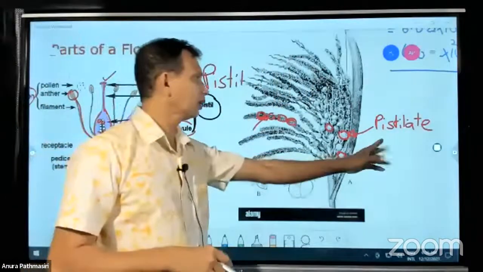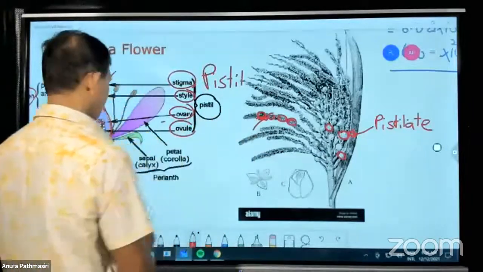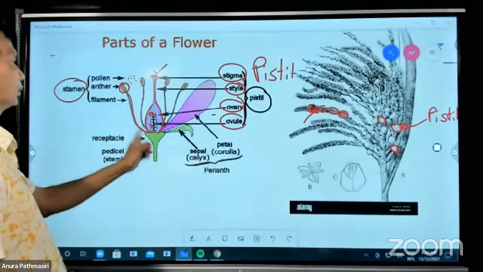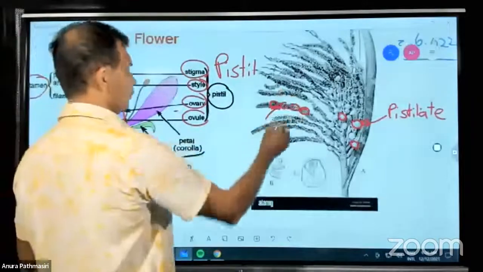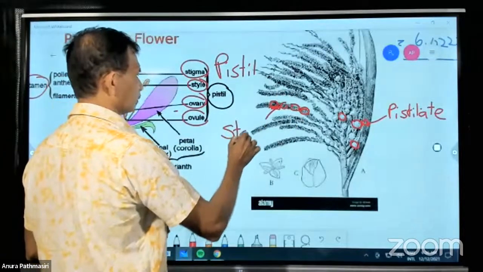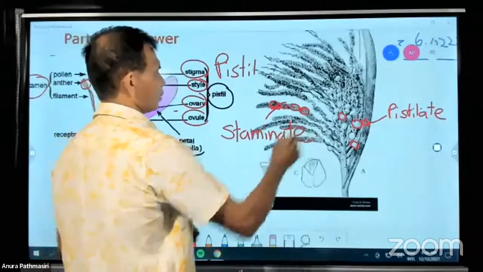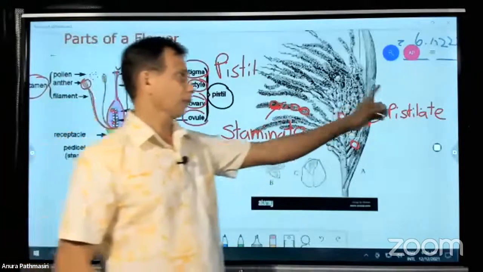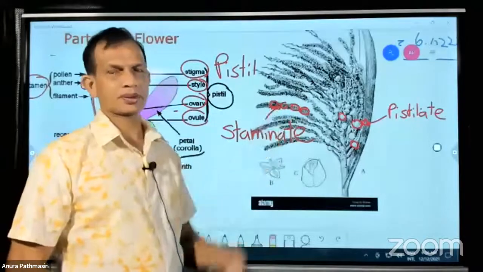A stamen is when both are in the same flower, but when it is separate, we call it staminate. So these are staminate flowers and pistillate flowers.